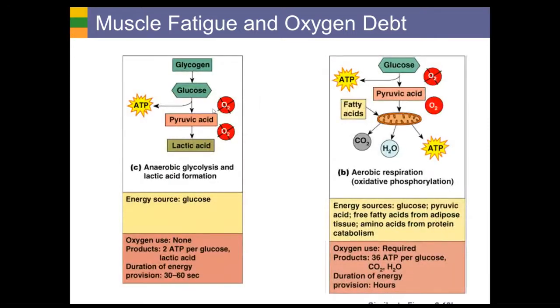So what happens? We've got this lactic acid that has been produced during the course of our exercise. That lactic acid is going to be converted back to pyruvic acid, and then some of that pyruvic acid is going to enter the mitochondrion to make ATP. So remember, we used up those initial stores of ATP. Well, we have to replace them.